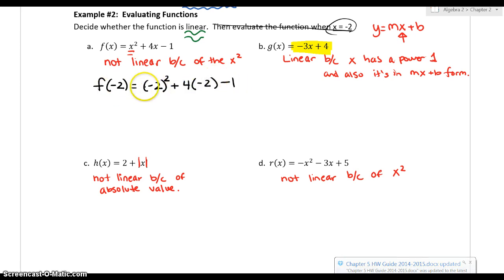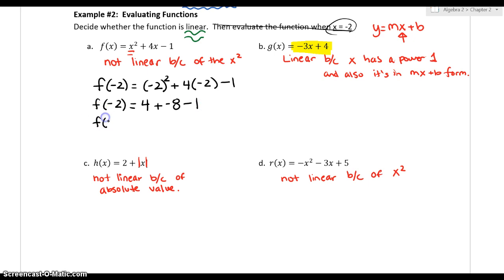Notice -2 in parentheses, -2 again in parentheses, and same here. Please have that on your paper as well. It's very important. Notice I do not touch the function notation. -2 squared is -2 times -2, which is +4, plus 4 times -2 is -8, minus 1.